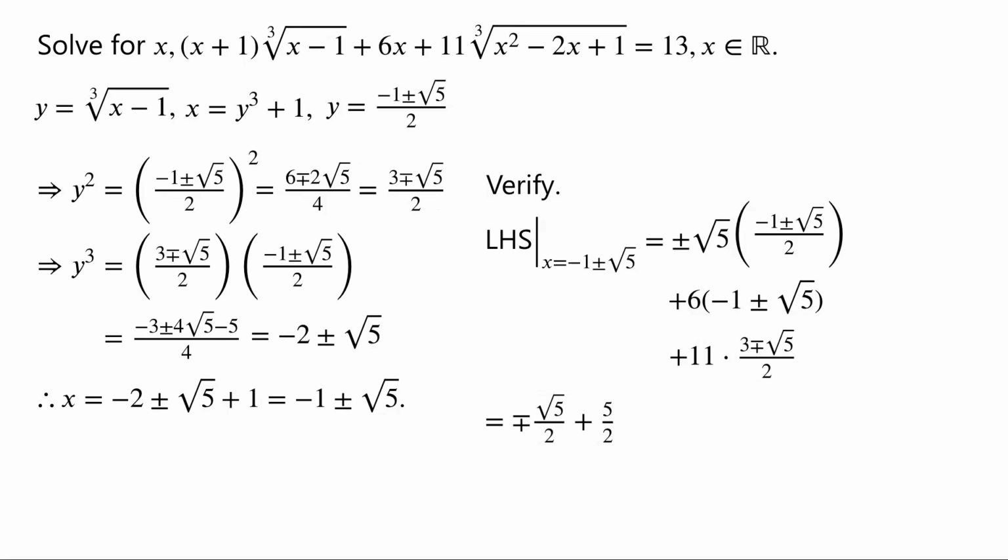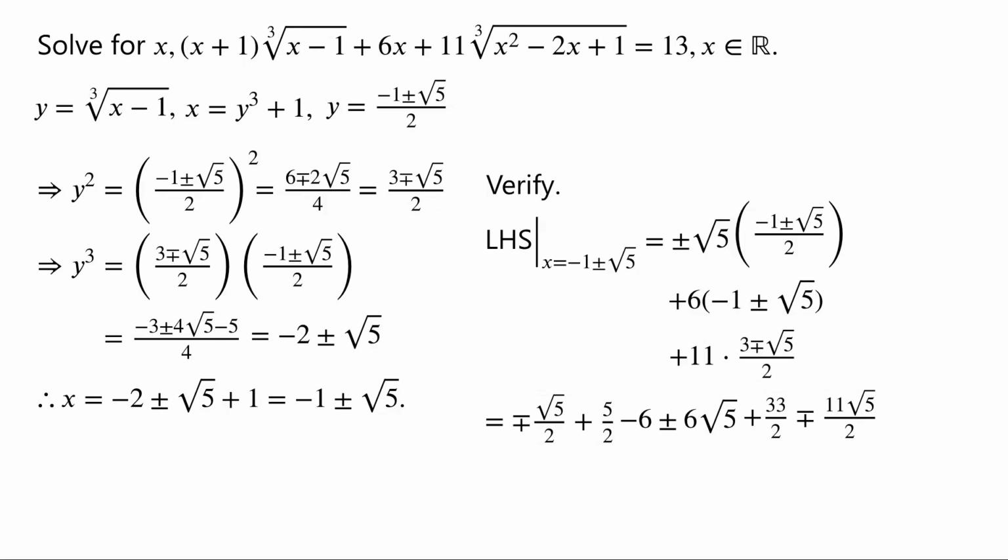6 times -1, plus or minus root 5, is equal to -6, plus or minus 6 root 5. 11 times 3 minus or plus root 5, over 2, is equal to 33 over 2, minus or plus 11 root 5, over 2.